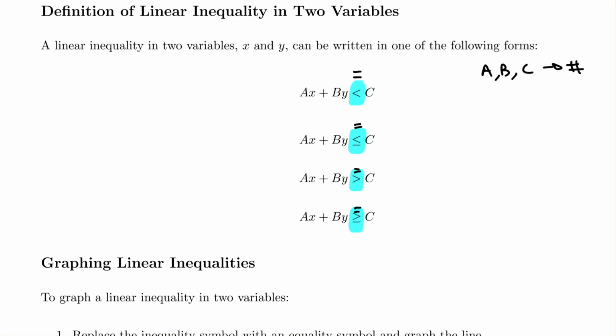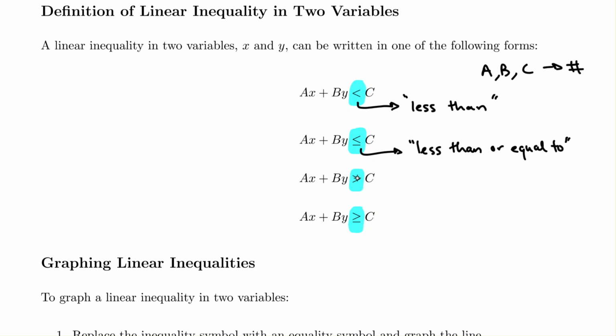The difference comes from the fact that we use these symbols, which I'm going to read off one by one here. This first symbol should be read as less than. This symbol is less than, and if you notice, it seems similar to the above symbol, but it has that extra line. That extra line stands for or equal to.